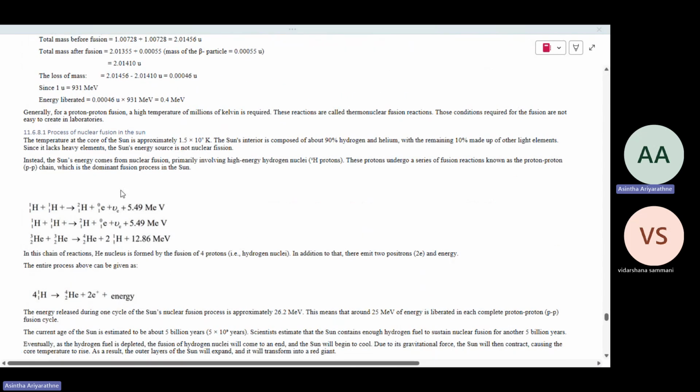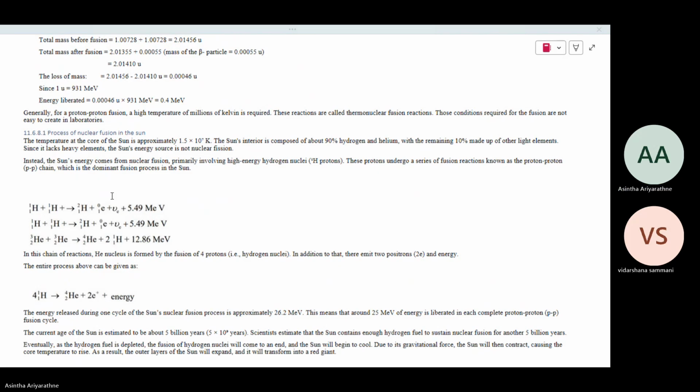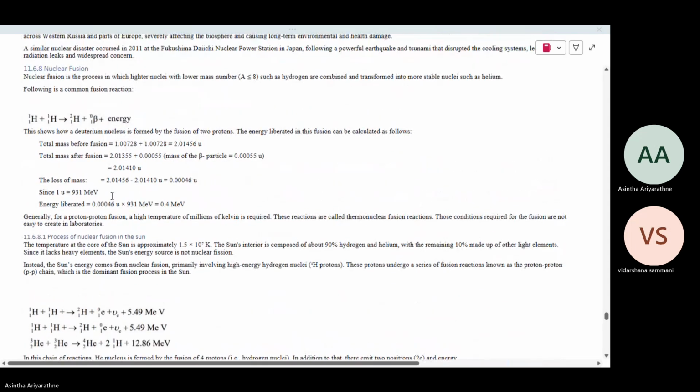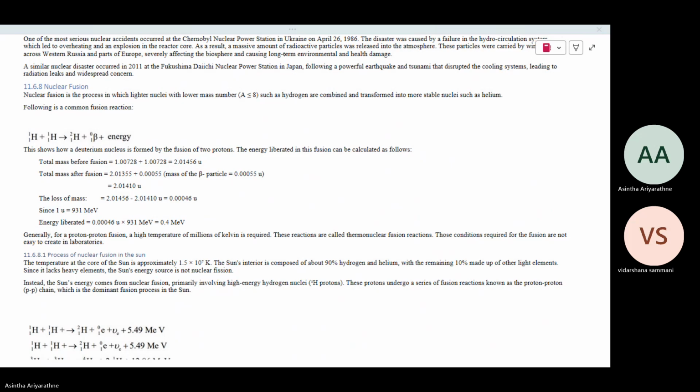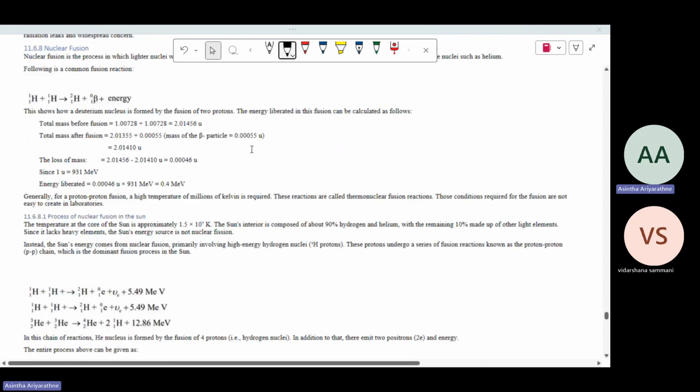And this is the nuclear reaction that happens in the sun.